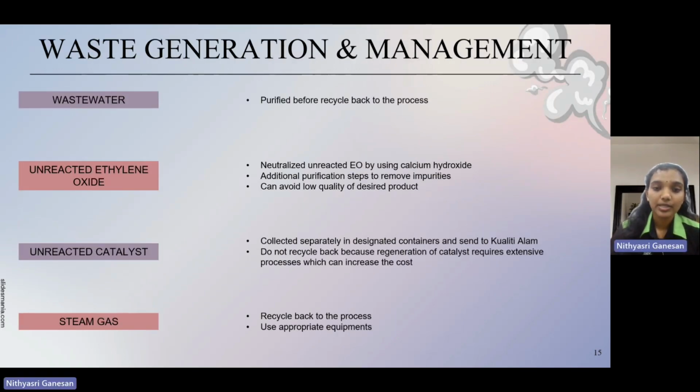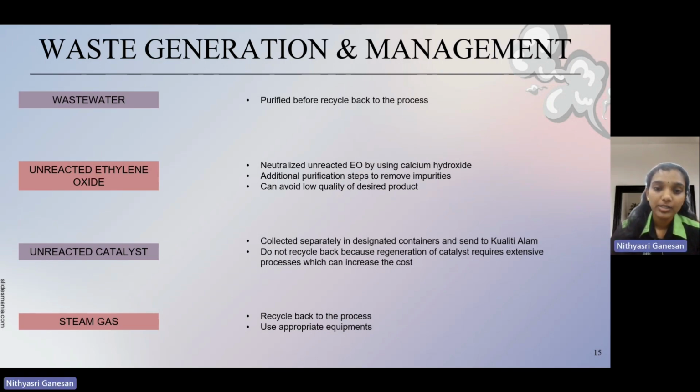The production of ethylene glycol through the hydrolysis of ethylene oxide results in the generation of different types of waste materials. These include wastewater, residual ethylene oxide that did not undergo complete reaction, unreacted catalyst, and steam gas.